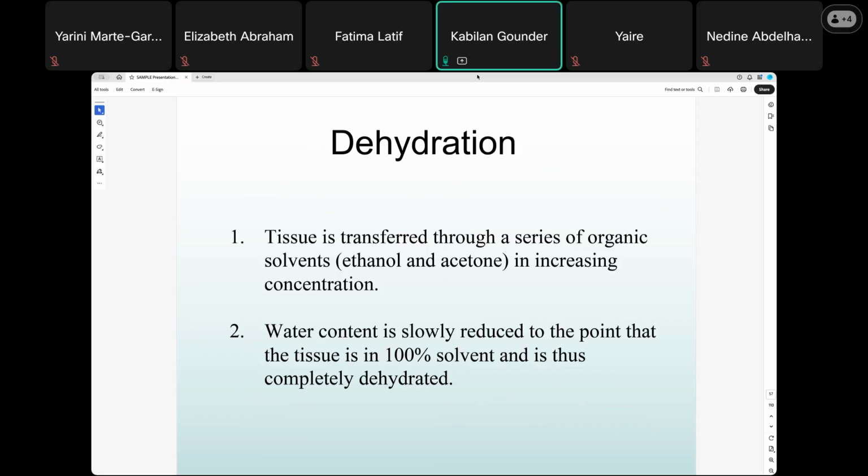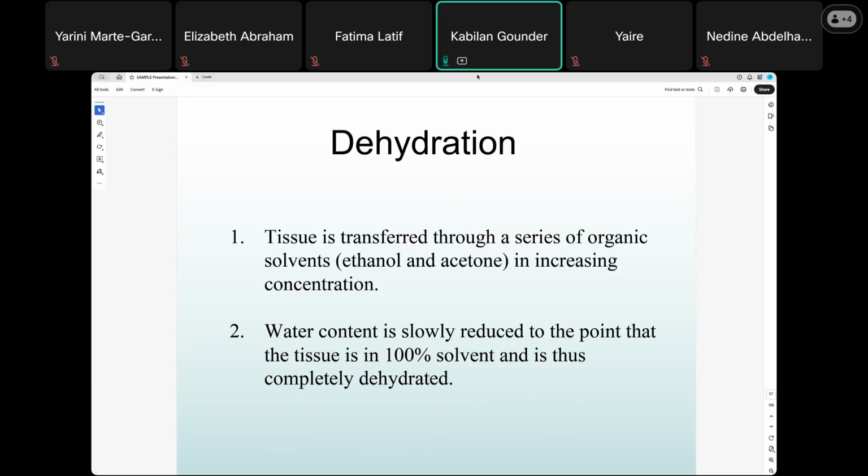Once it penetrates the tissues, if there is water content, it will evaporate. If it evaporates suddenly, it will shrink the sample structure. That is not our goal.